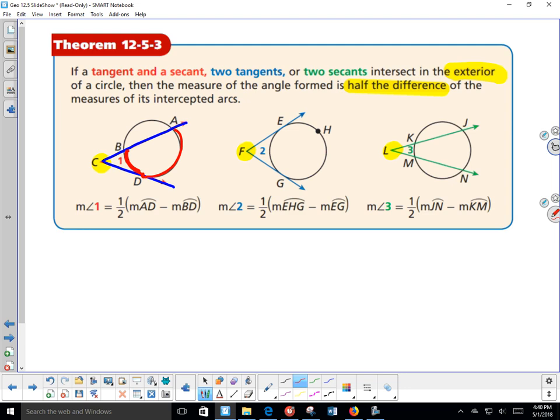If it happens to be two tangents, you're going to take this arc here and subtract off this arc here, and then take half. All right? And if it was this angle here that's formed by two secants, we're going to take this arc minus this arc and then multiply by 1/2 to get the angle measure.